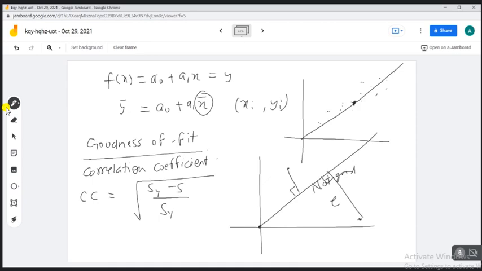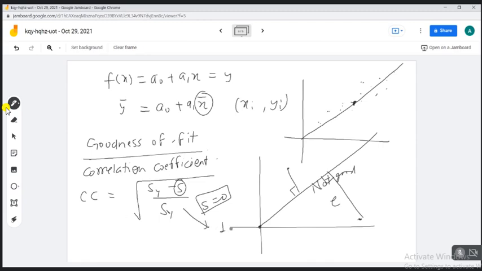Forget Sy for now. Notice one thing: S was the function which we wanted to minimize. So in ideal conditions, S should be 0. If S is minimum, S should be 0. So the CC should tend to 1.